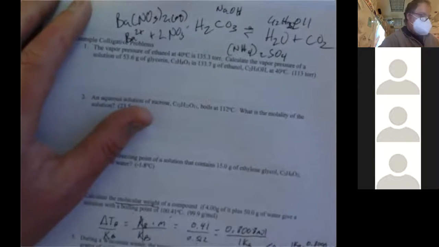What about this one? This is a tricky one. (NH4)2SO4. That's ammonium sulfate. What is the Van Hoff factor for ammonium sulfate? It's the name for the index, the i. Is it 3? It is 3.